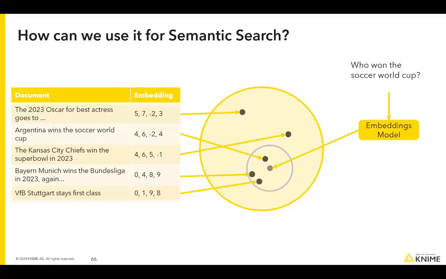And so this means that the vector store will be performing a similarity search and retrieve documents that are most similar to my request. In this case, for example, it would be "Argentina wins the Soccer World Cup," the second entry. Then "Bayern Munich wins the Bundesliga in 2023," and then "Stuttgart says first class." So these three documents are those that are most similar to my prompt.